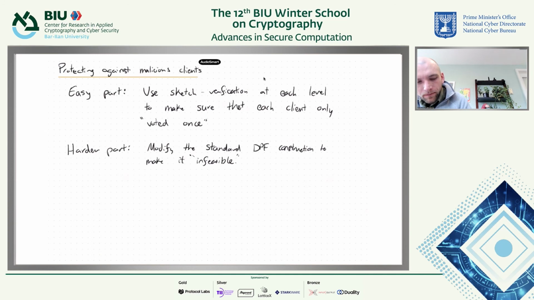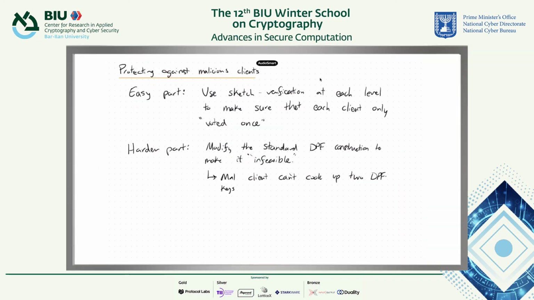So what does that mean? It means that basically, the malicious client can't cook up two DPF keys such that the client knows two different places where the key expanded values sum to 1.